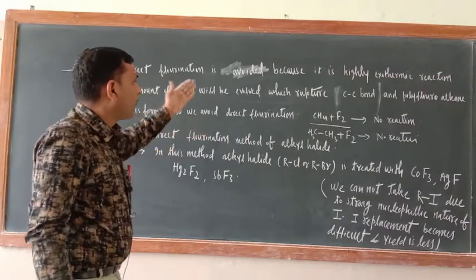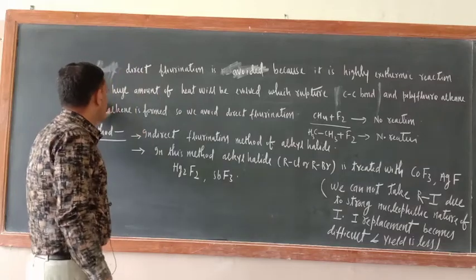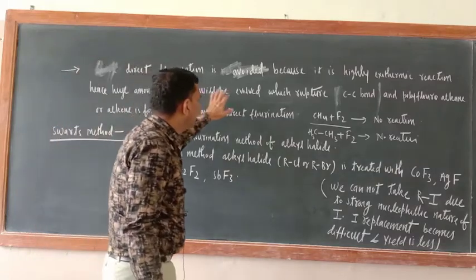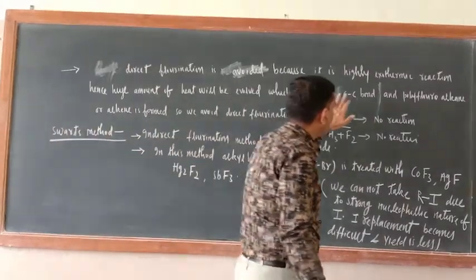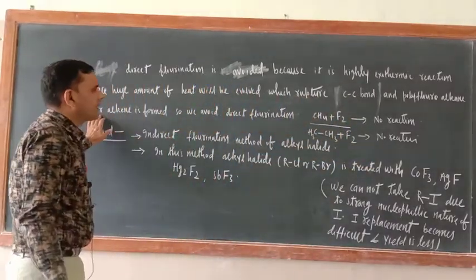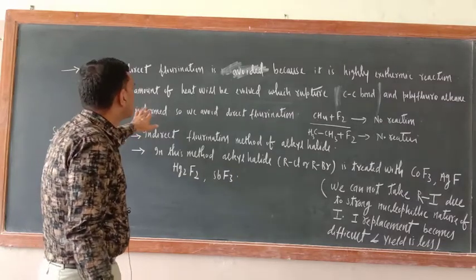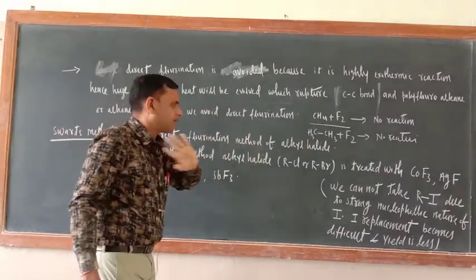It is avoided because it is a highly exothermic reaction, hence a huge amount of heat will be evolved which ruptures the carbon-carbon bond, and polyfluoroalkane and alkene are formed. So we avoid direct fluorination.